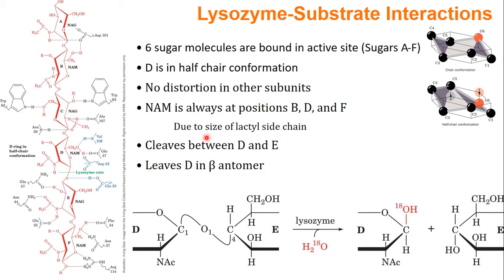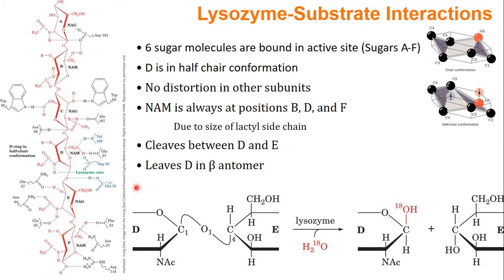And we're looking to cleave between the D and the E substrate. So lysozyme is cutting right here. And D will always be the beta enantiomer by the way that this mechanism works. Remember, with enzymes you're always going to get one stereoisomer out.